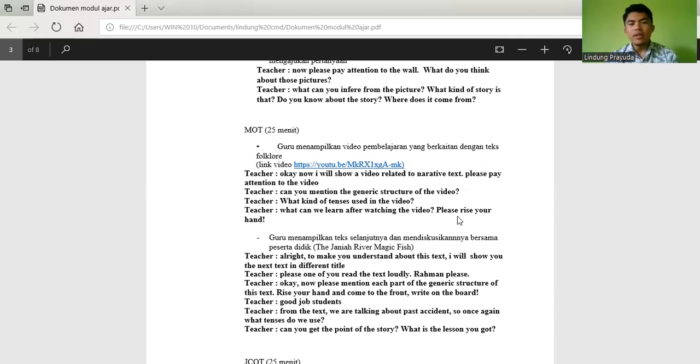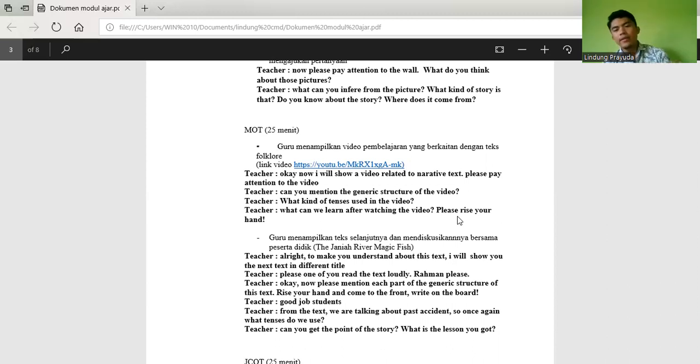Okay, please, one of you read the text loudly. Rahman, please. Okay, now please mention each part of the structure of this text. After they finish reading the text on the wall, again the teacher will ask some questions, firstly about the generic structure, the tenses, and also the moral value of the text.